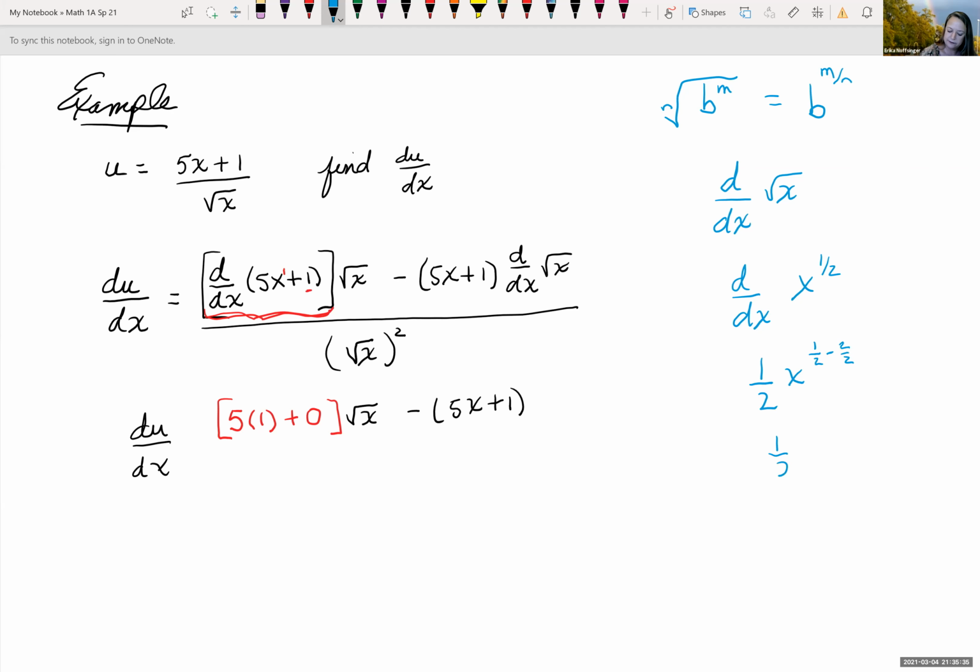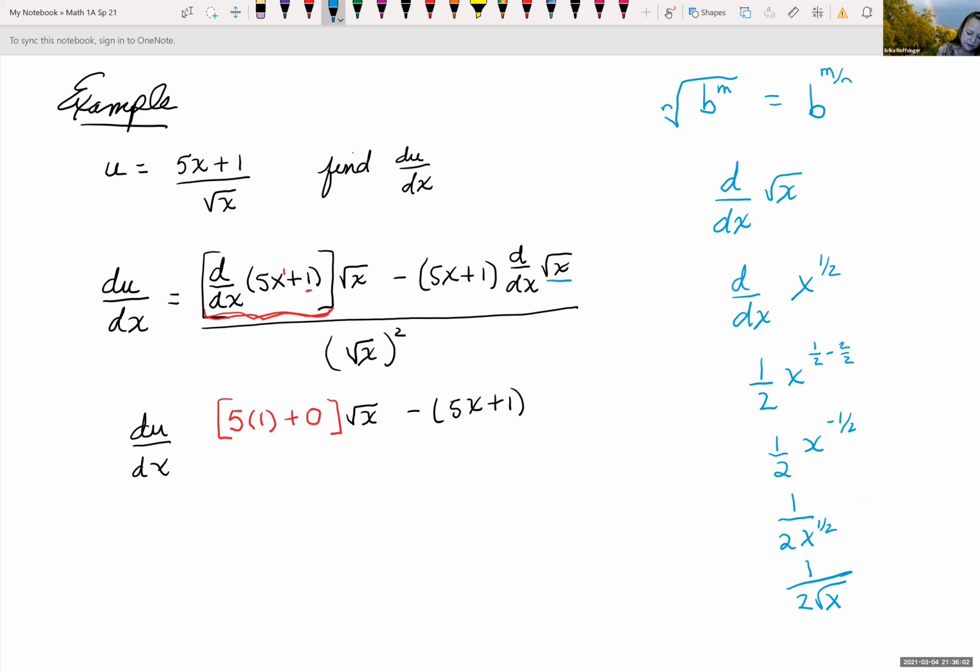So I get 1/2 x to the negative 1/2 power. So that is what this piece is. I'm going to go a little further and rewrite this so that I have a positive exponent. This is the same thing as 1/2 x to the 1/2, or even better, 1/2 square roots of x.